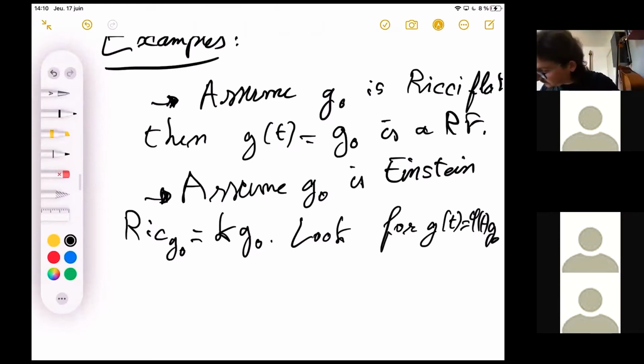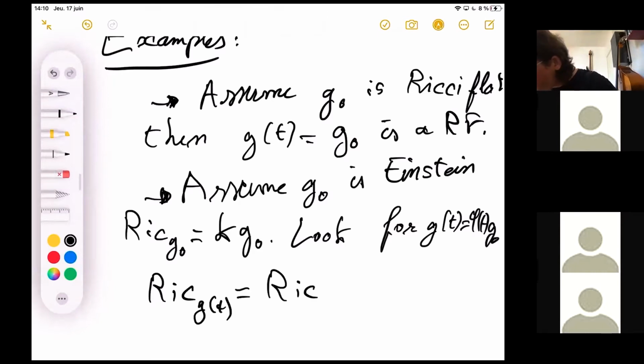Then the Ricci tensor, as a 2-0 tensor, this is important, of g(t) is just the Ricci tensor of g0. As a 2-0 tensor, the Ricci curvature is not sensitive to scaling.